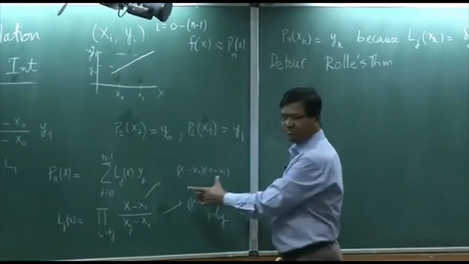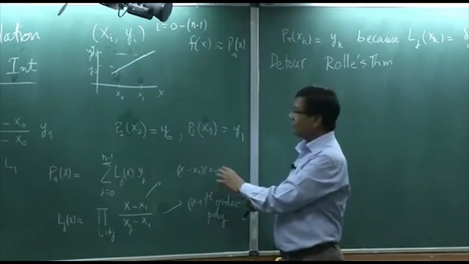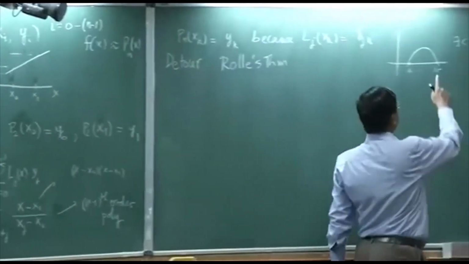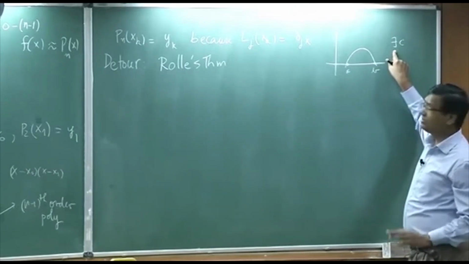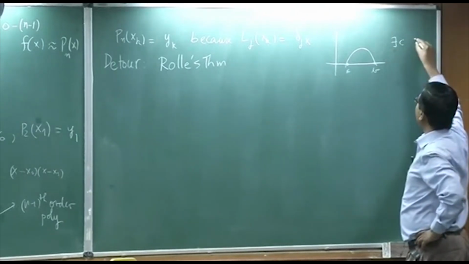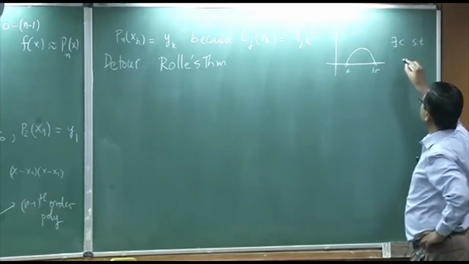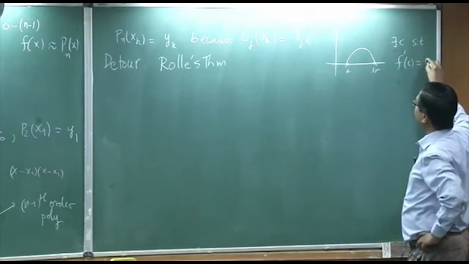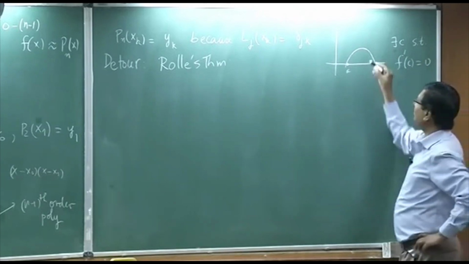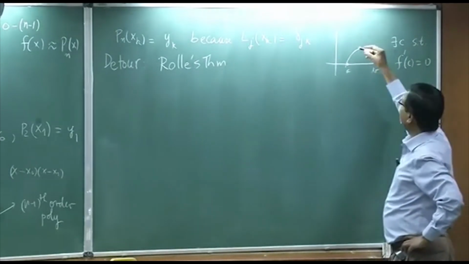So, this is a product. Now, I have the symbol called there exists. This is shorthand. So, there exists C such that f prime, the derivative at C, is 0. So, there is a point, in fact the point is here, where it will be 0.